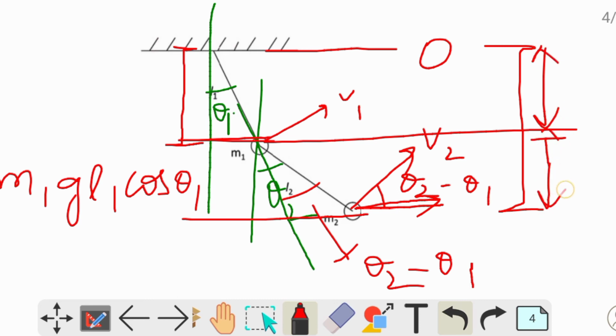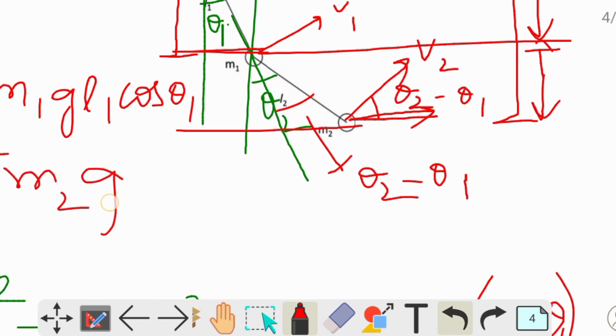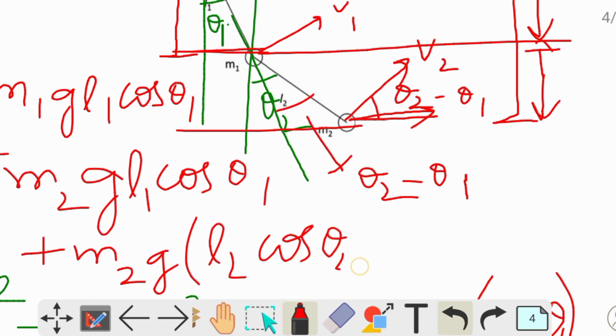The first height is l1 cos of theta 1, plus the second height, which is l2 cos of theta 2.